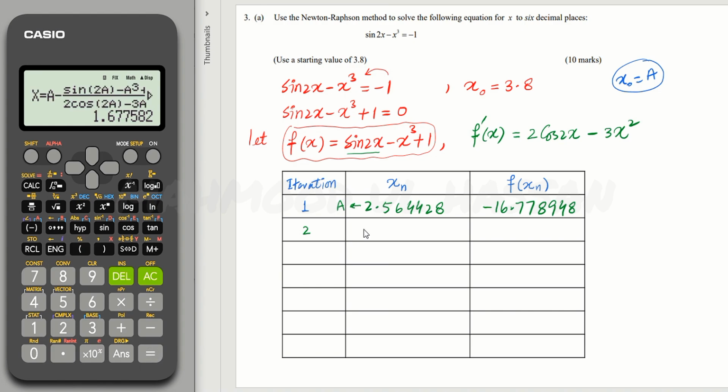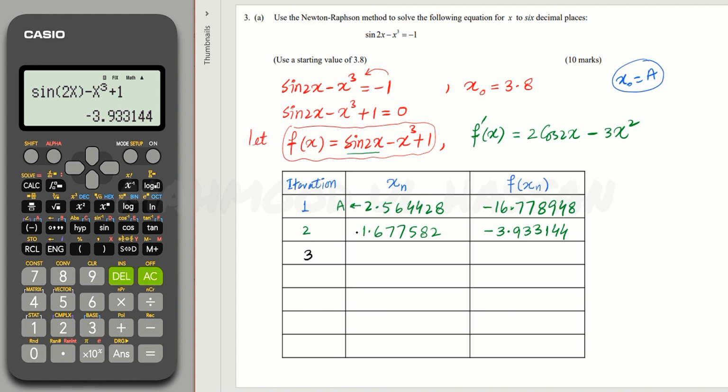So you will get 1.677582. Now again press the equal button. So now you get 3.933144.